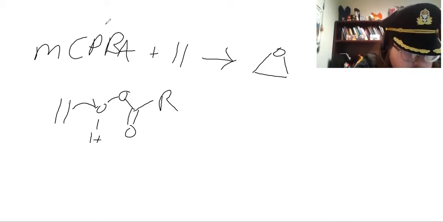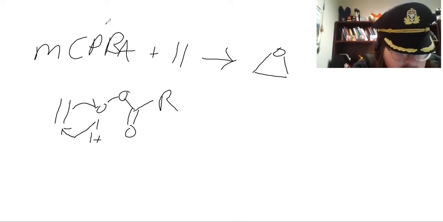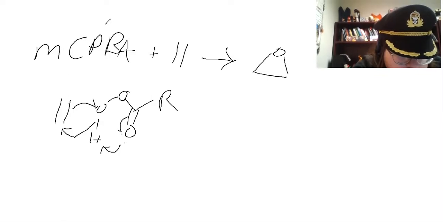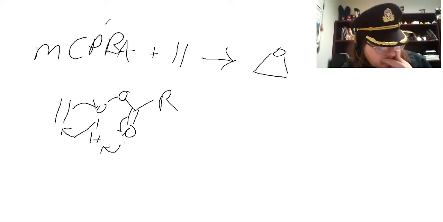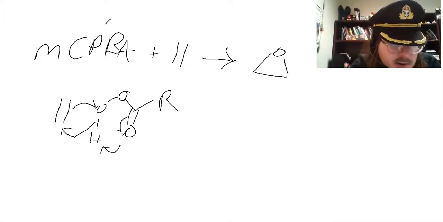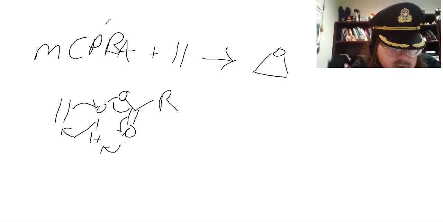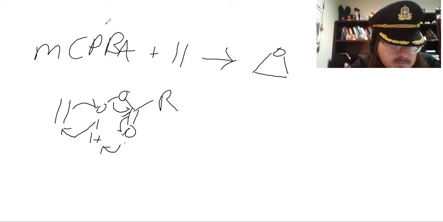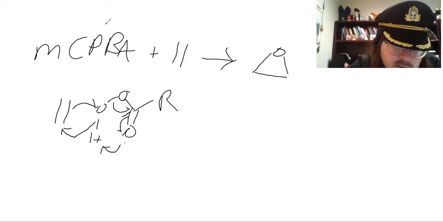This bond goes to the carbocation that's formed. The lone pair attacks this hydrogen. This thing shifts up to place the lone pair, and this carbon goes down to reform the carboxylic acid.